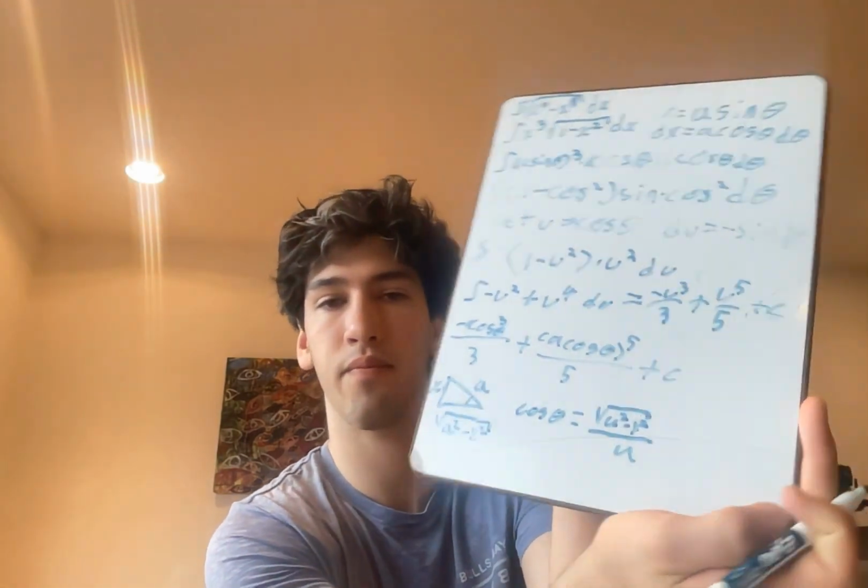So we know that cosine theta is equal to the square root of a squared minus x squared all over a, just like that.